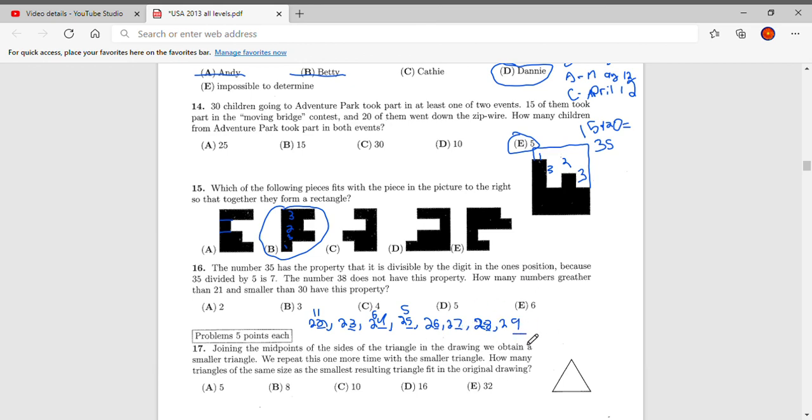And finally, 29 is not divisible by 9. So there are only 3 numbers that work: 22, 24, and 25. So that means the answer is B.